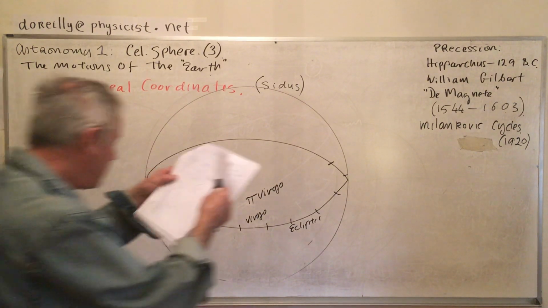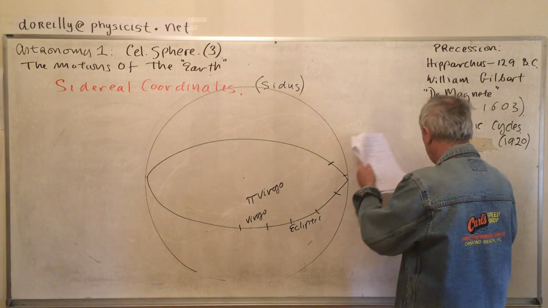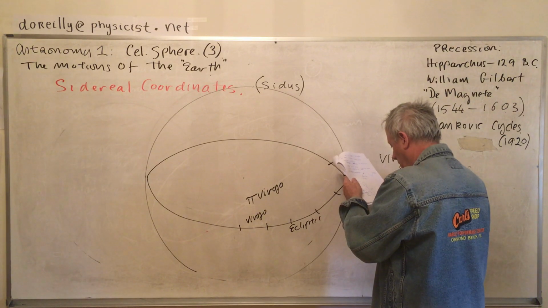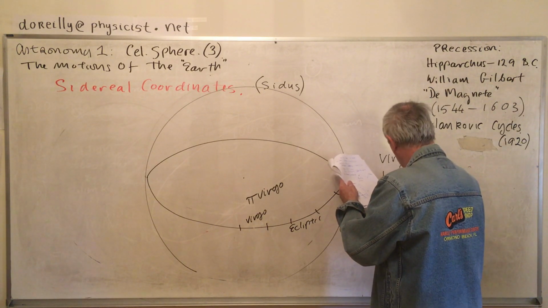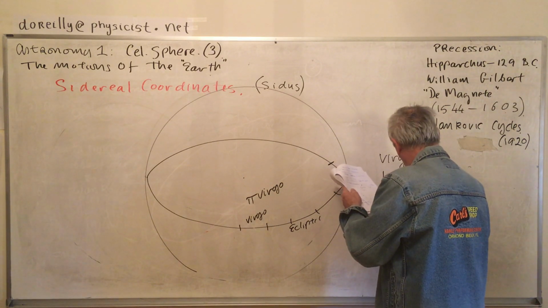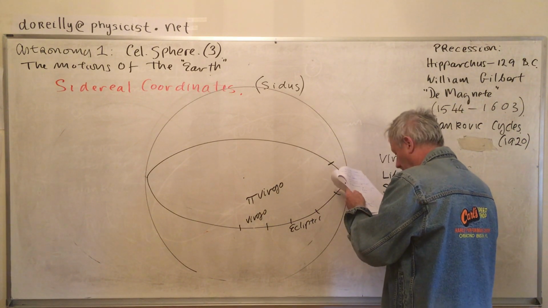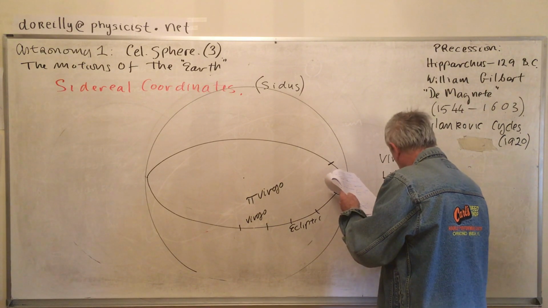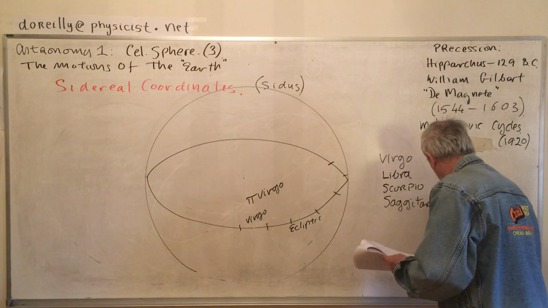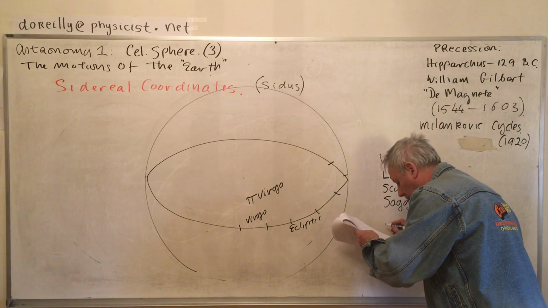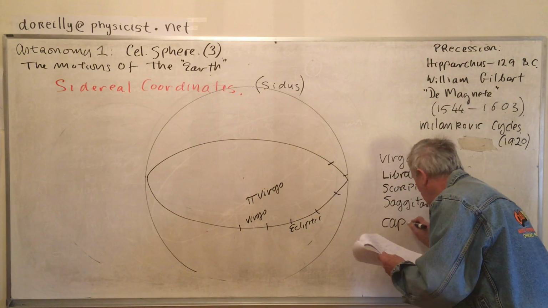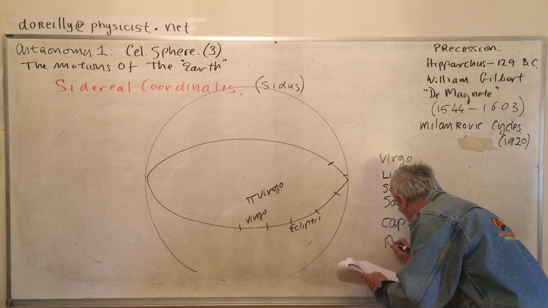Okay, so if it starts out with Virgo, I do it in abbreviation, Capricorn, Aquarius.